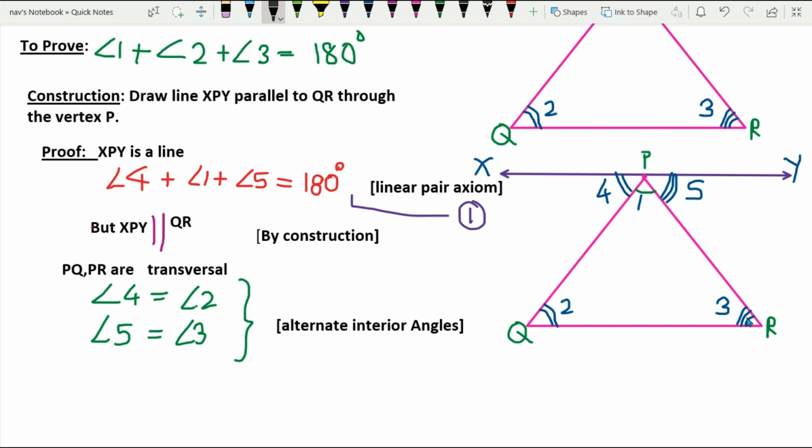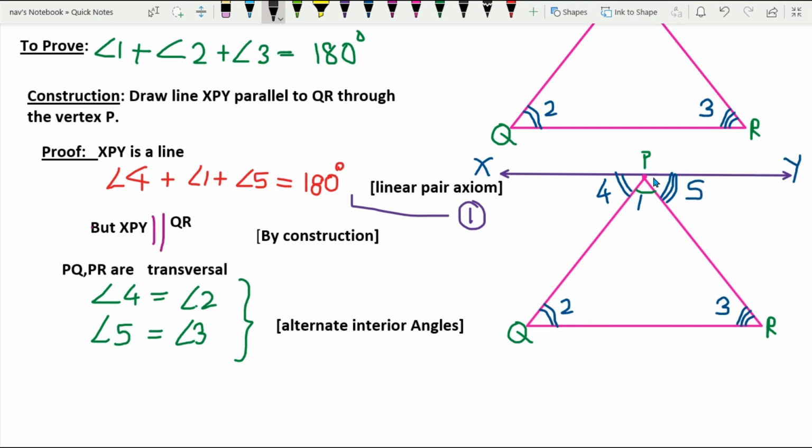Angle 5 and angle 3 is another pair of alternate interior angles for transversal PR. So angle 5 will be equal to angle 3.